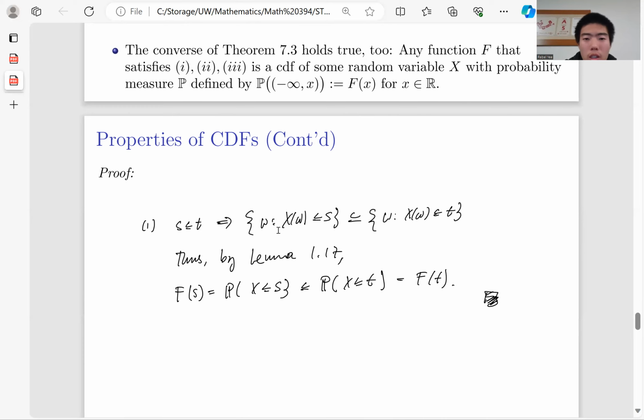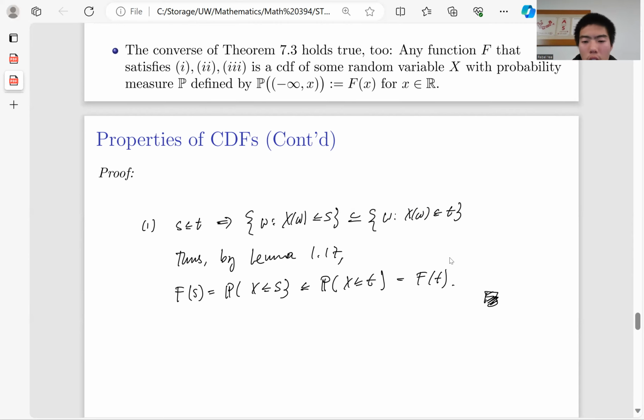By set theory, F(s), which is the probability that X is smaller or equal to s, is smaller than the probability that the outcome is inside the set for t, because that set has more elements and the s set is a subset of the t set.